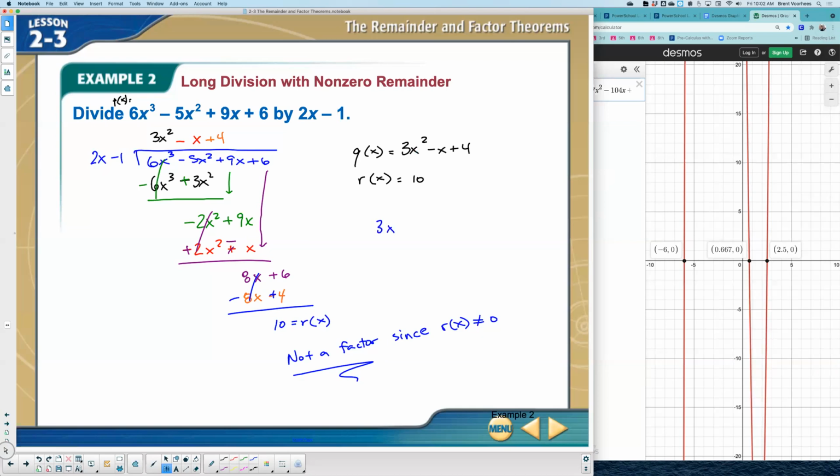But you could also write your answer as 3x squared minus x plus 4, and then you could write the remainder, that's a positive 10, divided by the quotient, 2x minus 1. That right there would be the solution. So on Alex, though, they would write it as I did. They would separate it as quotient and remainder. But here, I just tied them together like that.